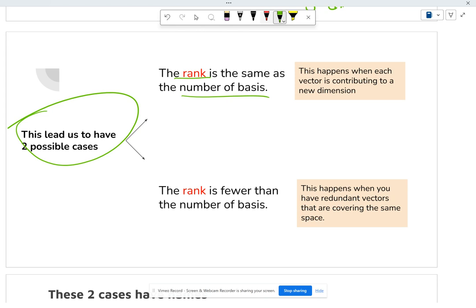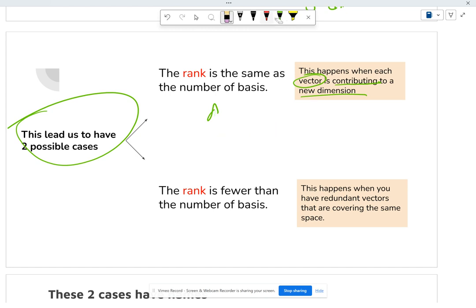If you have two vectors, you have two bases here, and the rank is 2 because the dimension is 2. This implies that every vector is contributing to a new dimension. And let's say we have 3 dimensions, now every vector is contributing to the 3 dimensions because you have 3 vectors and the rank is 3, which means the span is 3 dimensions.